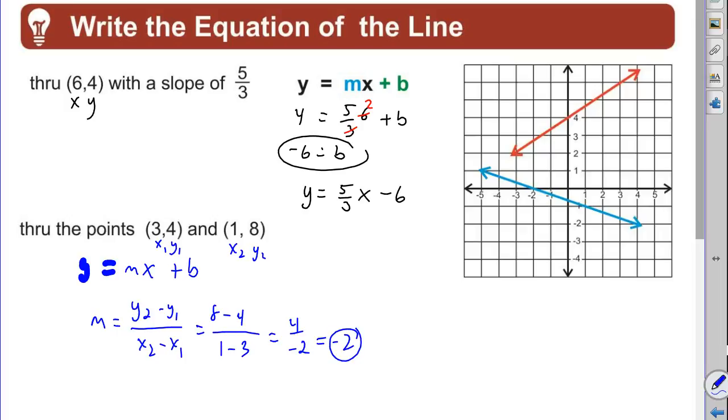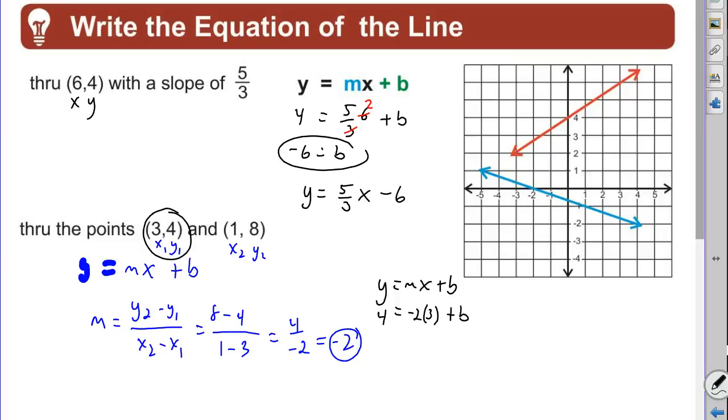Again, how do we find now our y-intercept? Well, you can use the point-slope formula, or again use y equals mx plus b. Use either point. I'll use the first one. I'll use the y of 4. We found our slope, it's negative 2. x1 for that point is a 3, plus b.